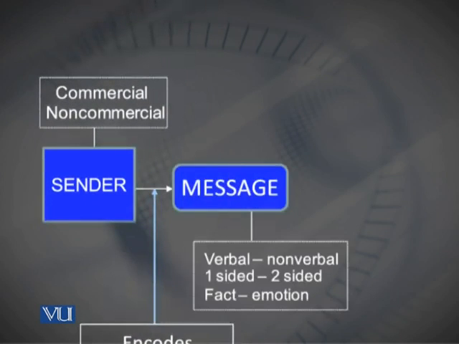Then this message could also be in terms of whether it's verbal, non-verbal, it is one-sided, two-sided, it could be facts, like we have talked about in terms of cognitive theory, more facts are required, or it is related to emotions, which we said is the peripheral route to involvement and the convincing of the consumer.